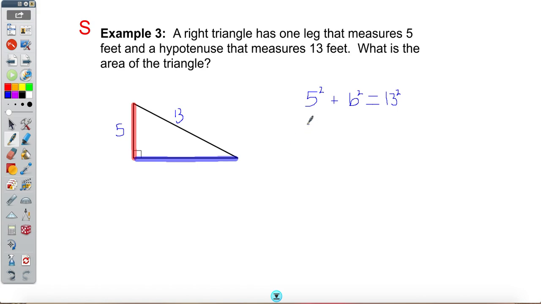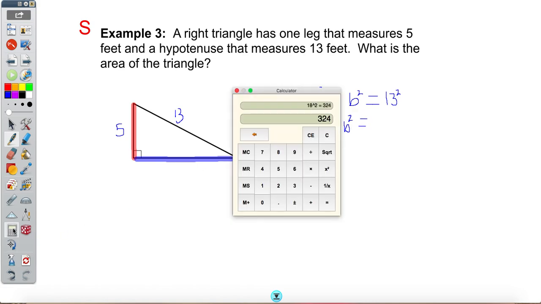So 5 squared is 25, because the first thing we're going to do is get rid of our exponents. B squared has to stay the same for now, because we don't know what b is. And 13 squared is 169.